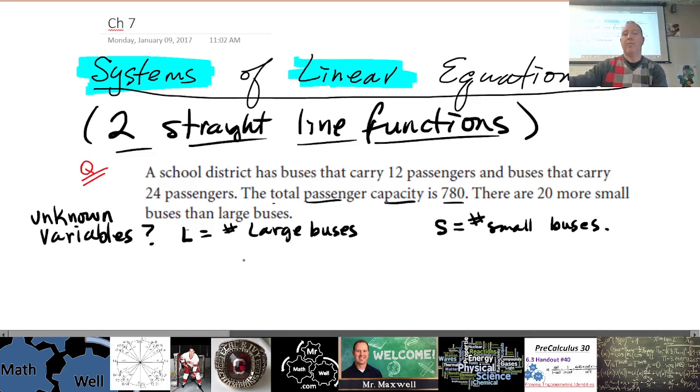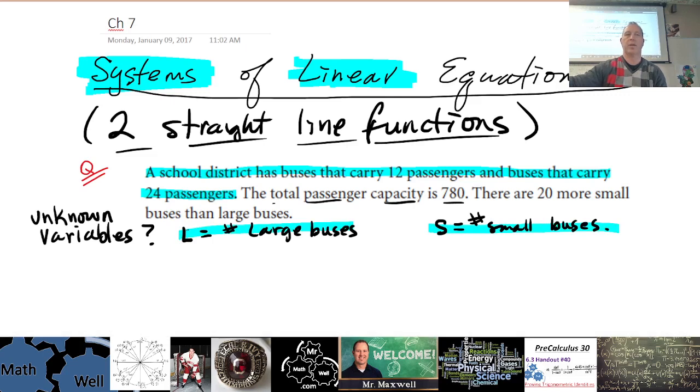Okay, so if we do that, let's start with this. Let's see if we can make two separate equations here. I'm going to highlight this for you. The first sentence is this right here. We know that we have two different kinds of buses. That's taken care of with identifying our quantities.